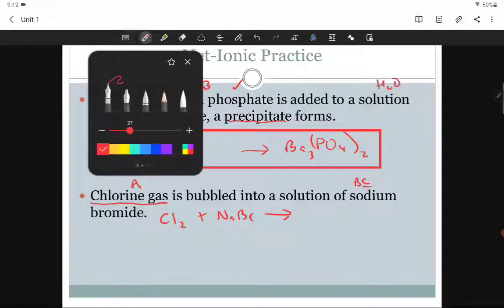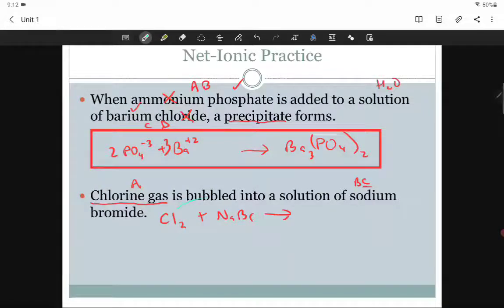Okay, let's change this color here. So these two things are going to switch spots. The chlorine's going to go where the bromine is, and the bromine's going to go with the chlorine. But every time you form an ionic compound, you have to make sure you do the right combination of ions to make that a neutral charged ionic compound.